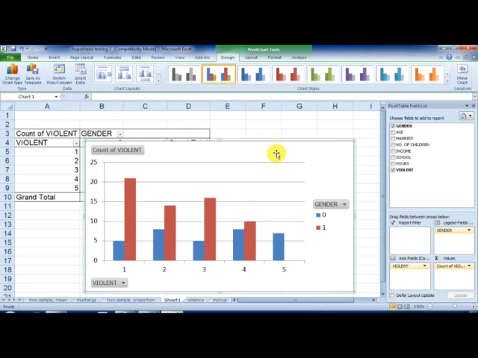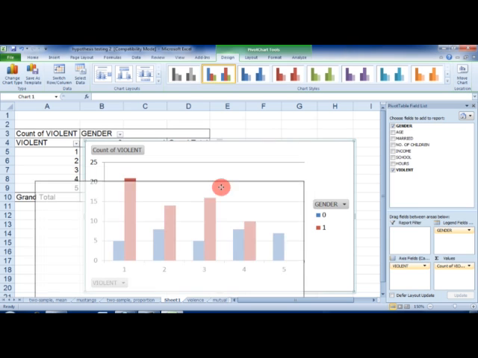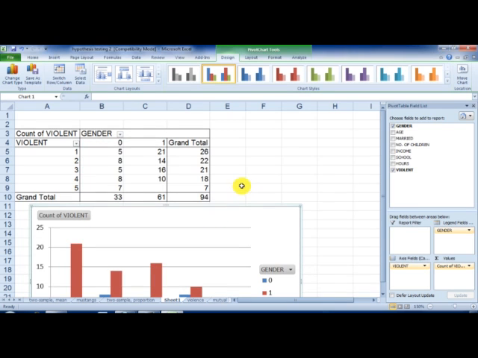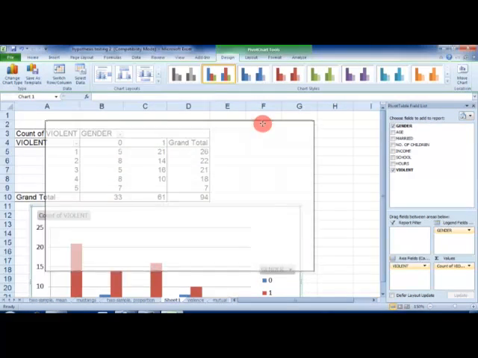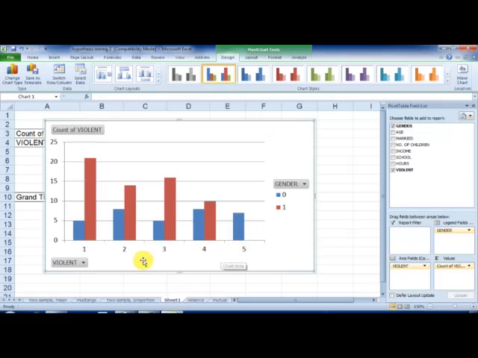Okay, so if the question is, does gender have an impact on violence? What you would need to do is to isolate which violent responses do you actually want to analyze. Maybe you want to look at, what the data suggests to me as you look here, do women think TV is more violent than men? Or is there a larger percentage of women that give TV a high violent rating?